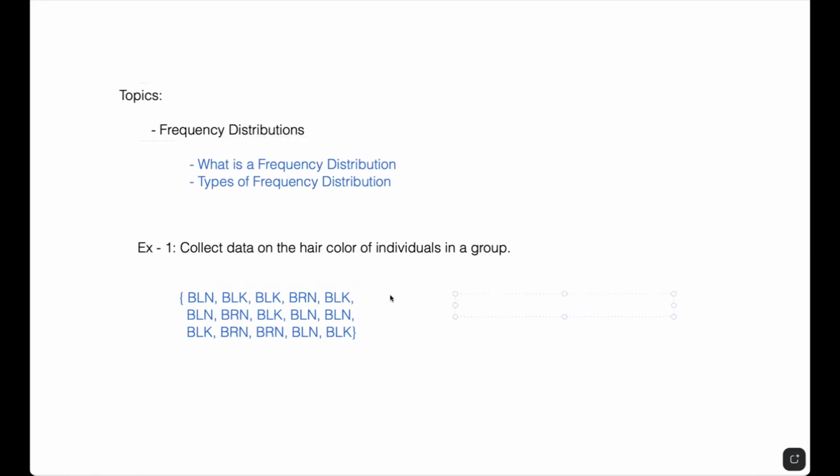So what we could do instead is to form a table like this, where we simply list the different classes and how many times each class occurred in the sample, right? So the frequency of each class, right?